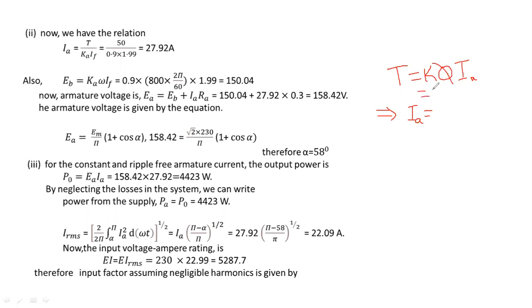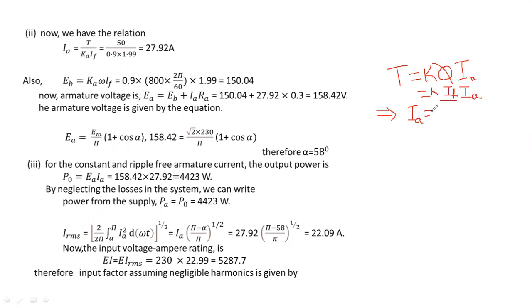Which means this can be written as K into IF into IA. We know K and we know IF. In the first bit we have calculated the IF. We know torque T, which is 15 Newton meter.